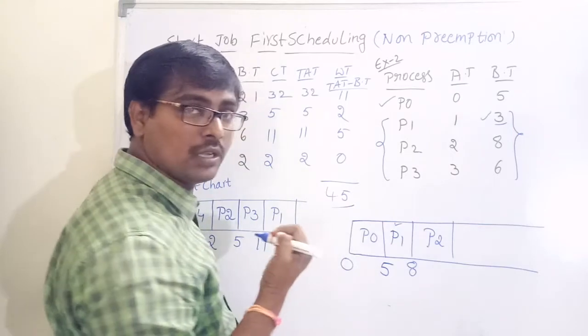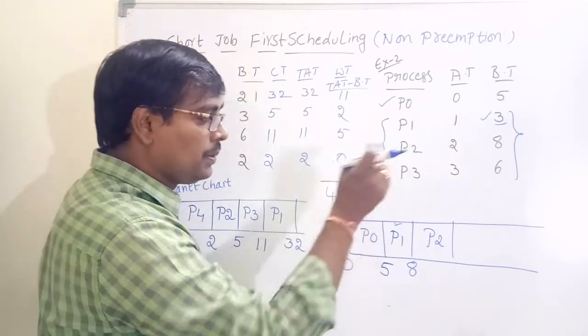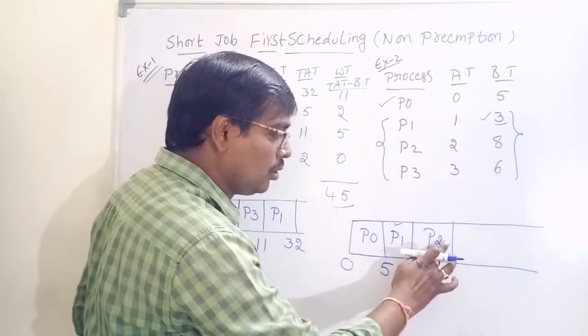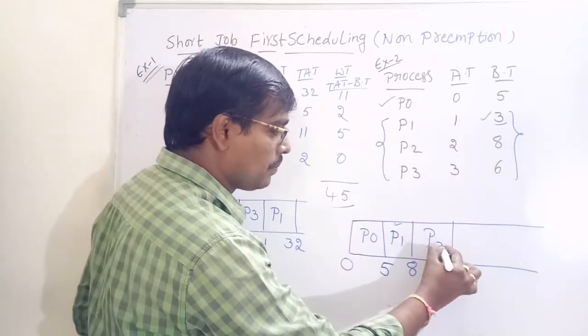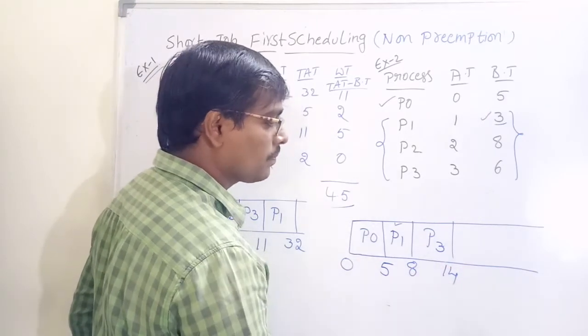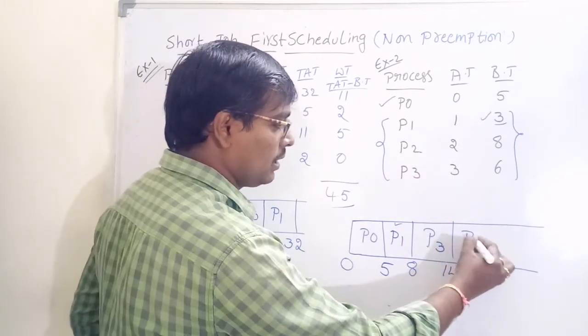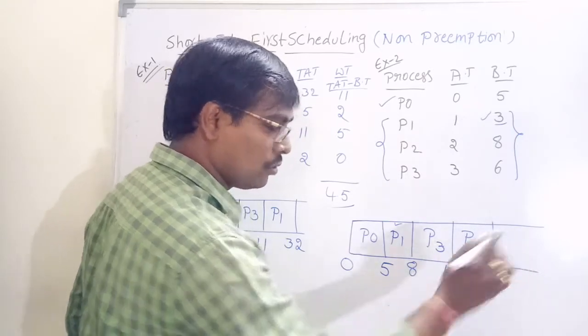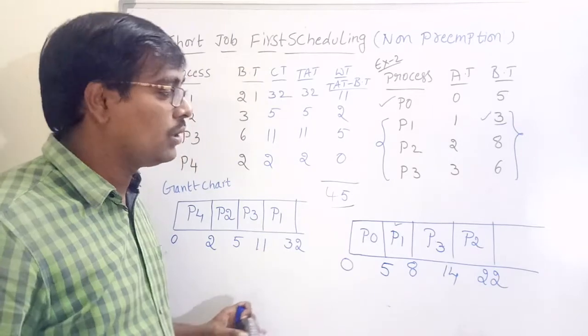So I executed P1. Now P2, P3. P3 has the least burst time compared to P2. So P3 is executed. 8 plus 6, 14. Now finally P2. 14 plus 8, 22.